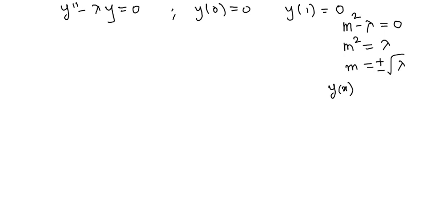If real and repeated, we write x into e raised to x, and several other formulas. So in order to know the nature of these roots, we have to know what lambda looks like. Therefore we will take different cases: lambda equal to 0, lambda greater than 0, or lambda less than 0.